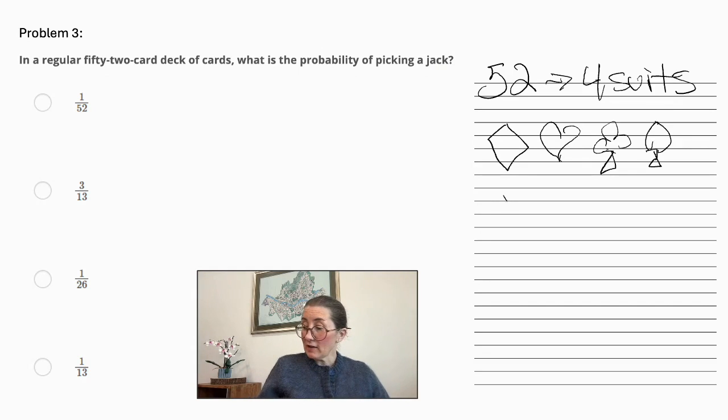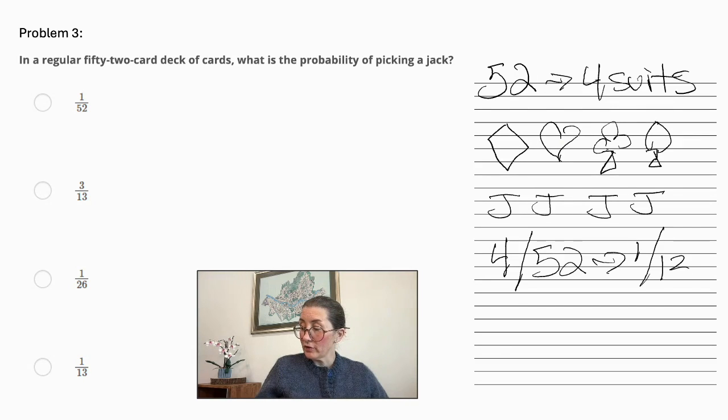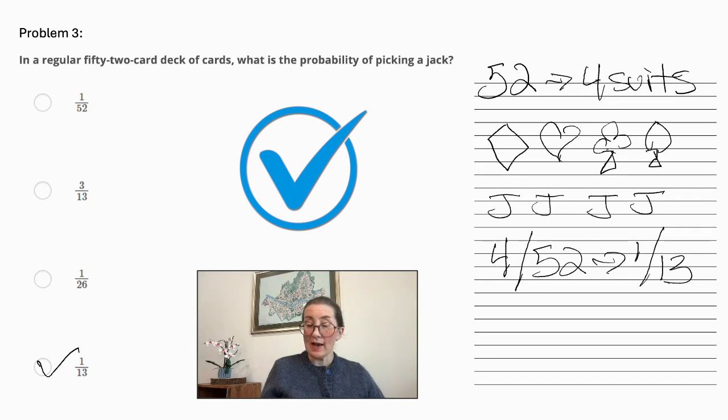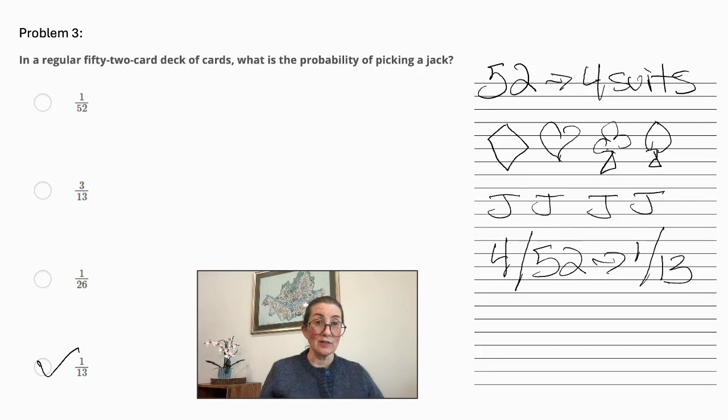And there's a jack in each of these suits, which will make them 4 out of the total of 52 cards, which becomes 1 out of 13. So the correct answer here is 1 out of 13 of the cards will be a jack, and that is the probability of picking one.